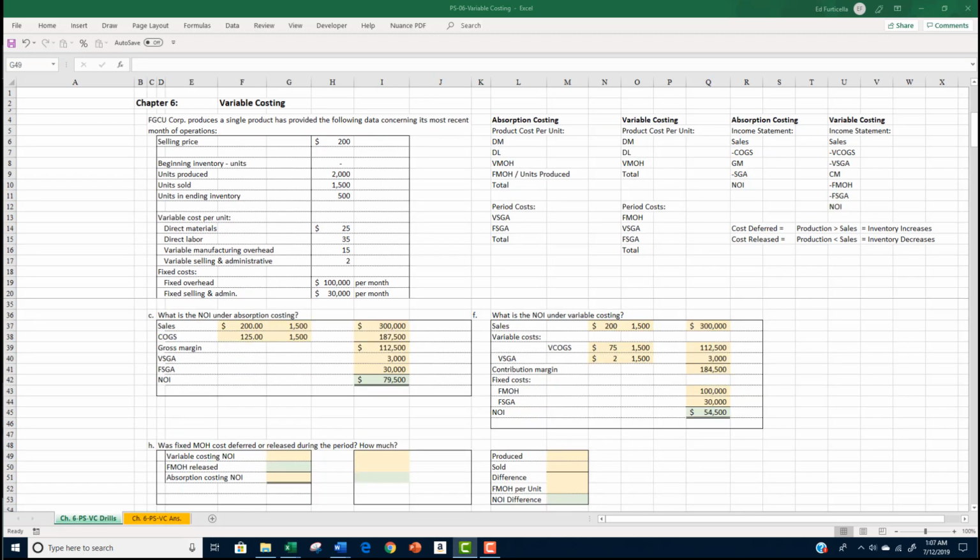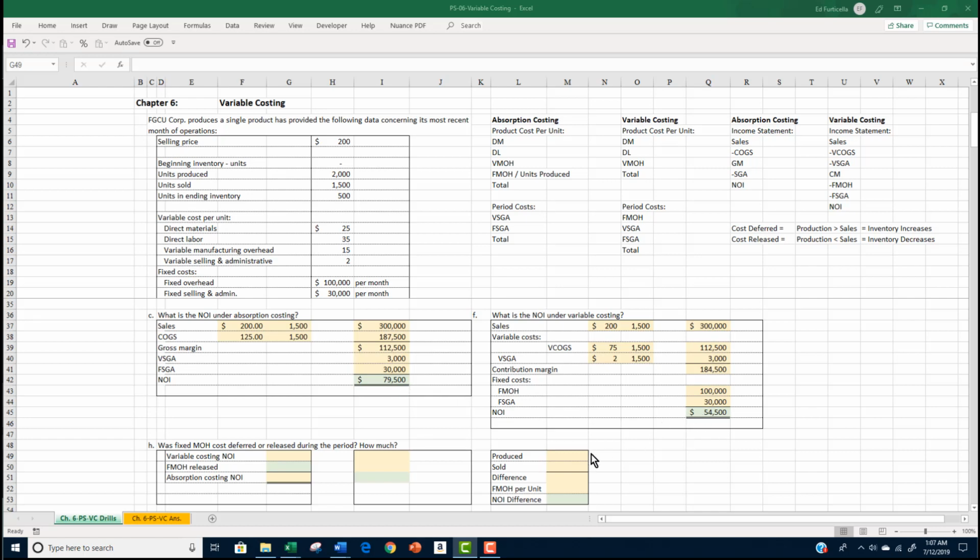At this point, we've prepared an income statement using both methods, the variable costing method and the absorption costing method. And you notice that we got different results in each case. The variable costing method, $54,500. The absorption costing method, $79,500. So under absorption, we made more money than under variable costing.